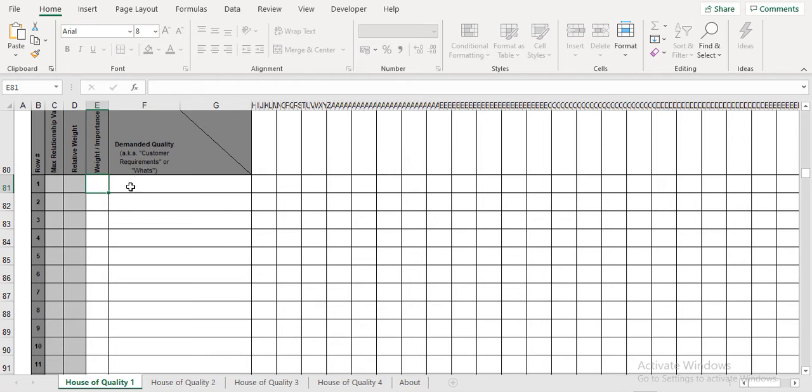For example, I will use only 3 or 4 values to create it. You are supposed to include 14 values. My product is a car, so my customer expectations are better color, speed, automation, and luxury.